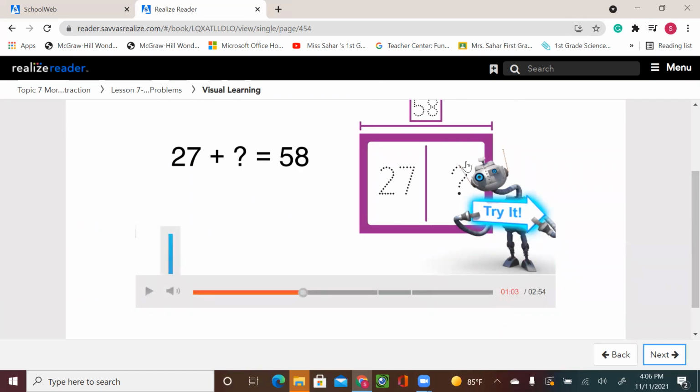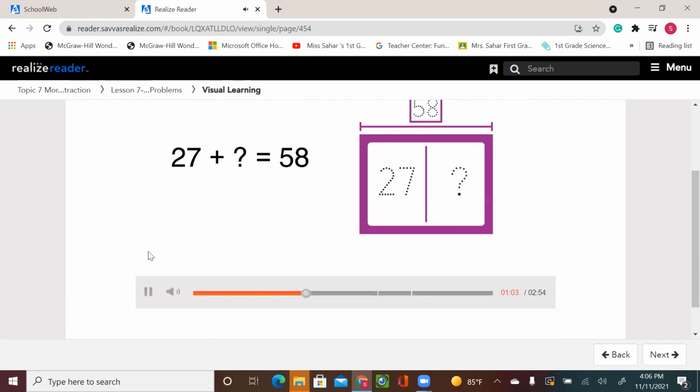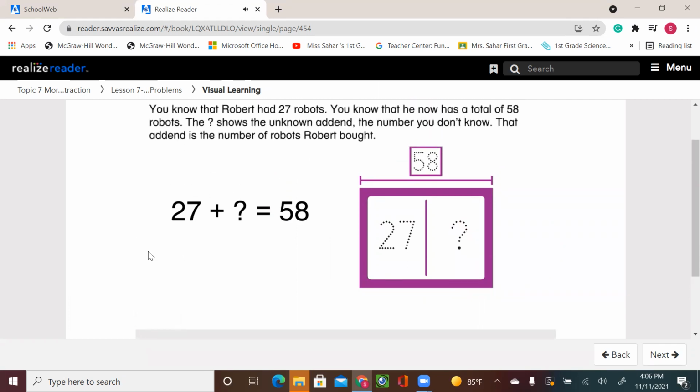So now I know that the question mark stands for the missing information, or the second addend in my equation. You know that Robert had 27 robots. You know that he now has a total of 58 robots. The question mark shows the unknown addend, the number you don't know. That addend is the number of robots Robert bought.